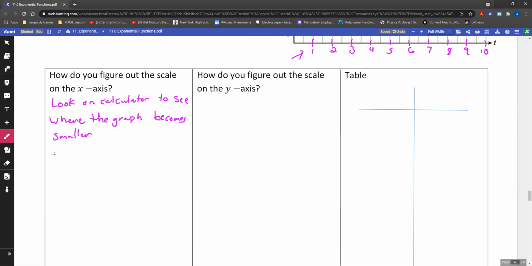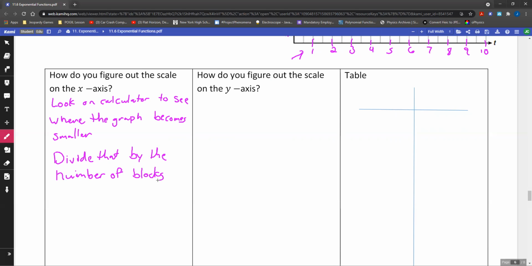And then divide that by the number of blocks.